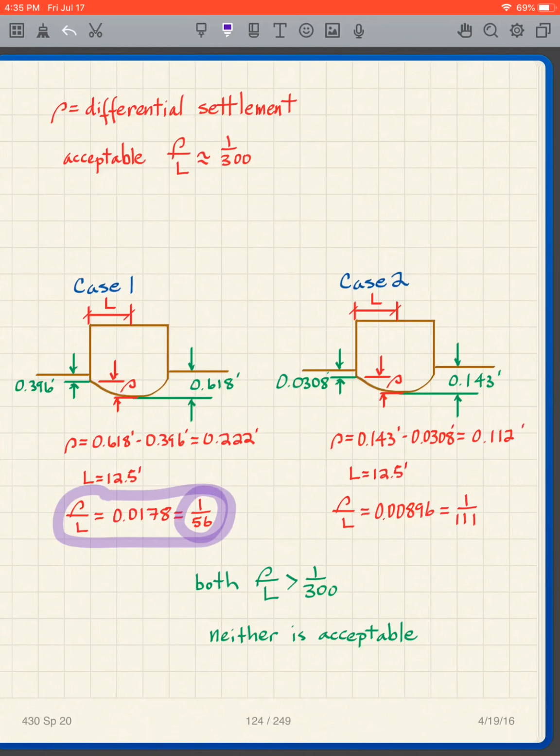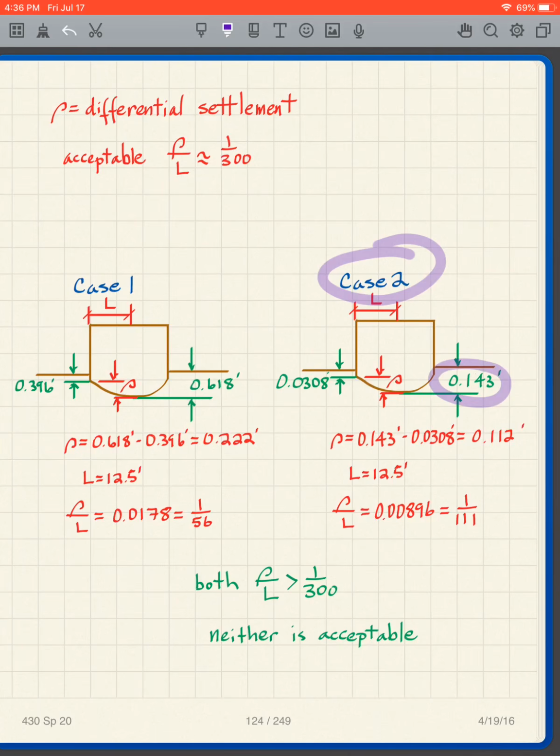Well, 1 over 56 is bigger than 1 over 300, so we don't accept that. Similarly, for case 2, there's my center settlement, there's my edge settlement. The rho is the difference between the two.